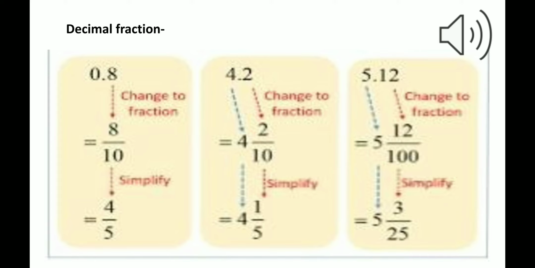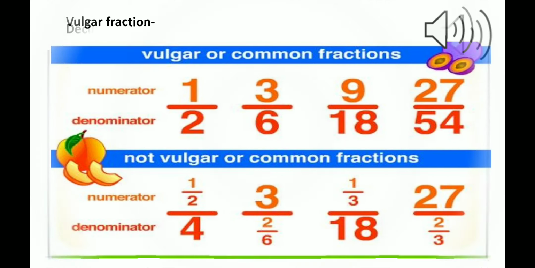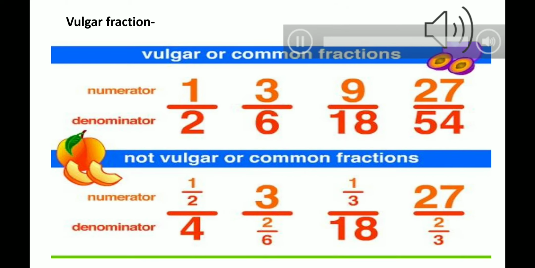So we move to the next one. Now, we studied decimal fractions: when the denominator is 10, 100, 1000, 10,000, lakh, and so on, the numbers are called decimal fractions.